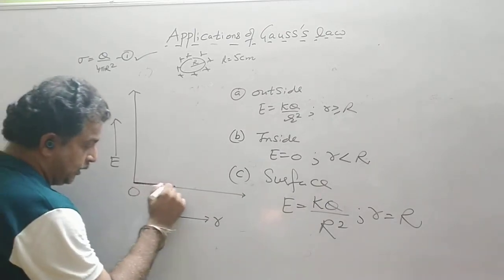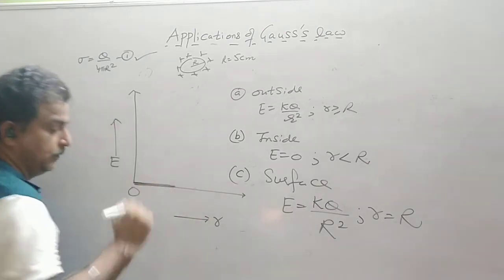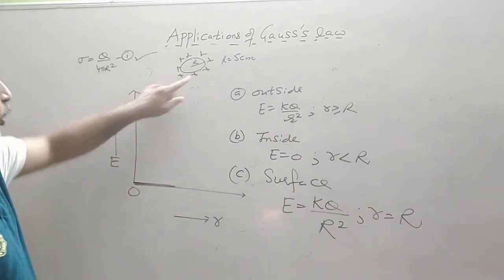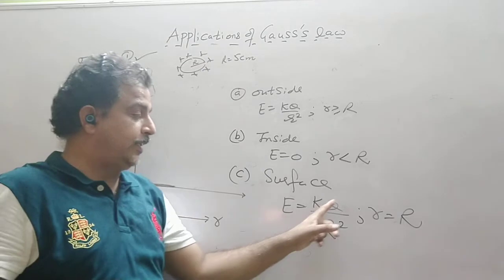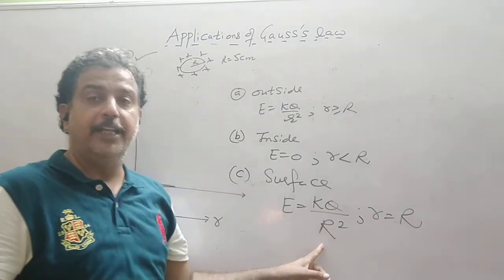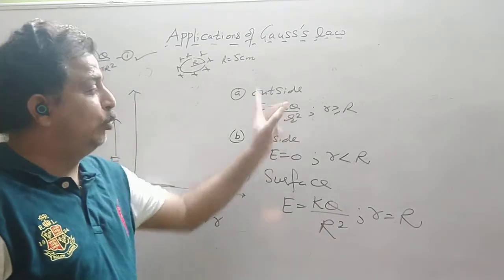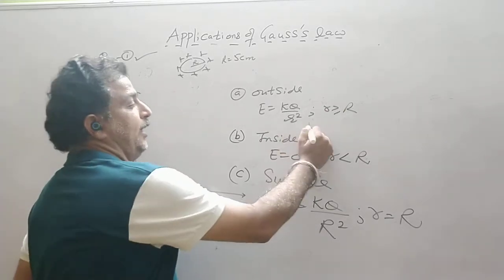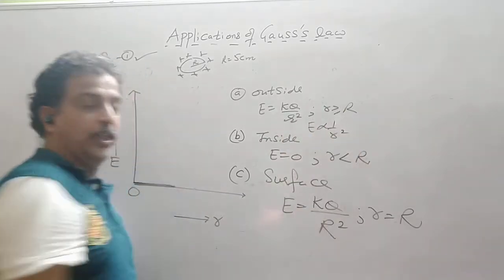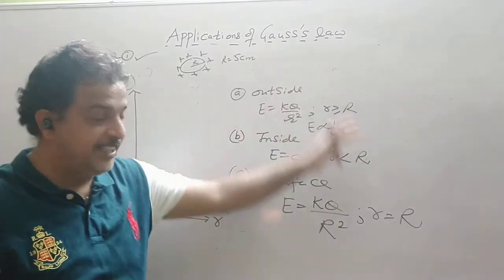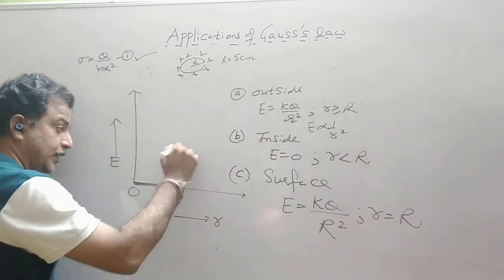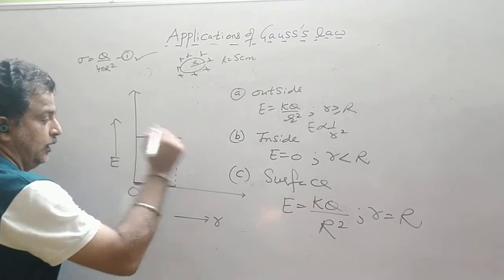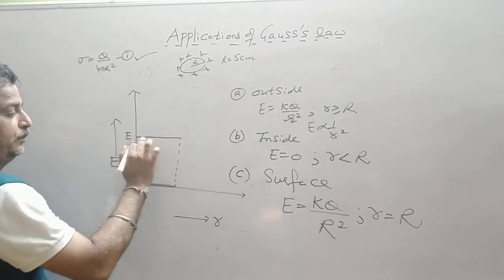So we darken this portion. Now I reached the surface. So on the surface, the electric field intensity increases, and outside E is proportional to 1 upon r square, so it will decrease. So inside it is 0. On the surface, it becomes maximum.